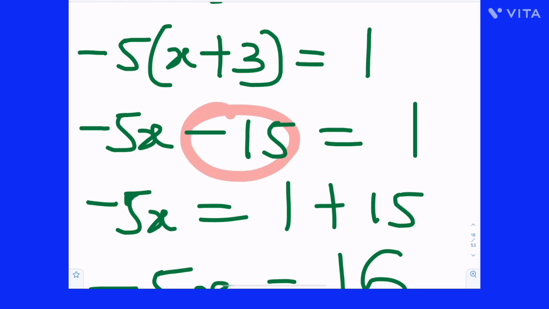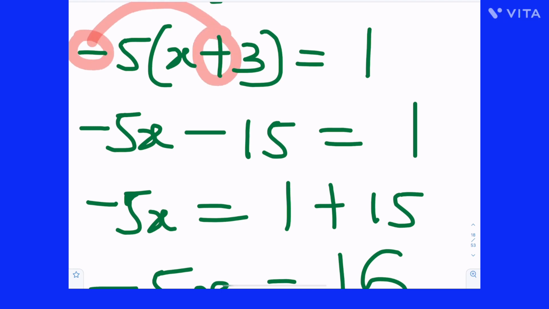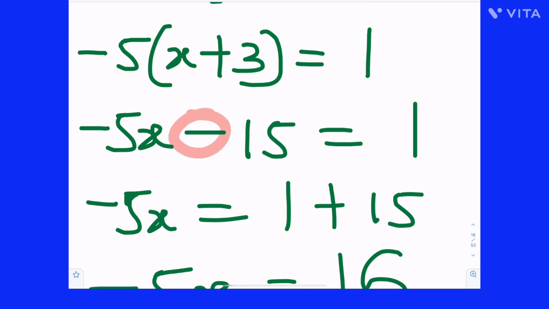I hope you can see that. You do your sign multiplication first. Minus times plus is what? Minus. Then 5 times 3 is what? 15. So minus 5 times 3 gives me minus 15 is equal to 1.